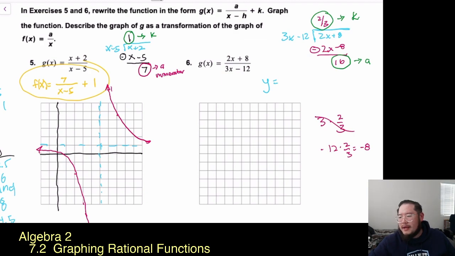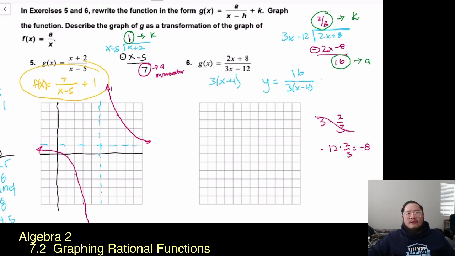My denominator, now that doesn't look like x minus h, right? If I put 3x minus 12, that doesn't look like x minus h. But what can I do right here? I could factor out a 3 and I get x minus 4. That looks a lot like x minus h. So I factor out the 3, and we have x minus 4. And then finally, for the last part, we got ourselves plus 2/3.